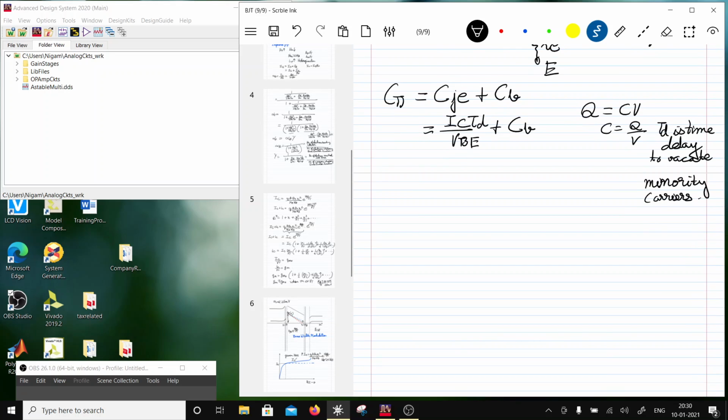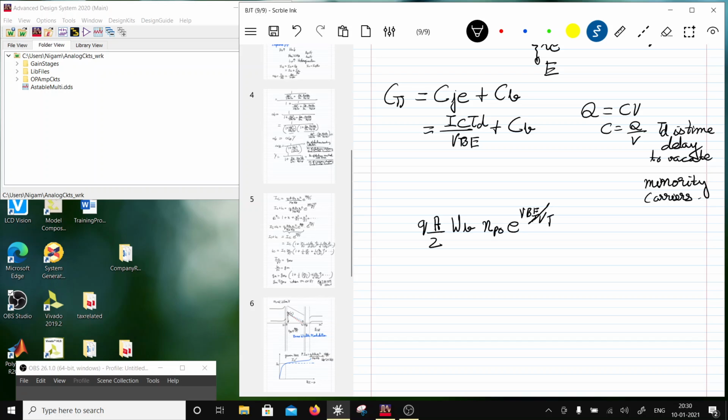So if you see the charge in the base, it was given by half of base, so it will be QA, half of base into height, which is NPO e raised to VBE over VT, right? NPO e raised to VBE over VT, that's the height. Half of base into height, right?